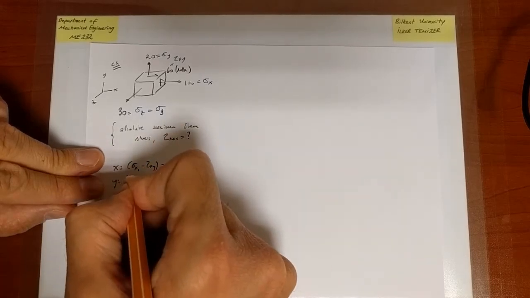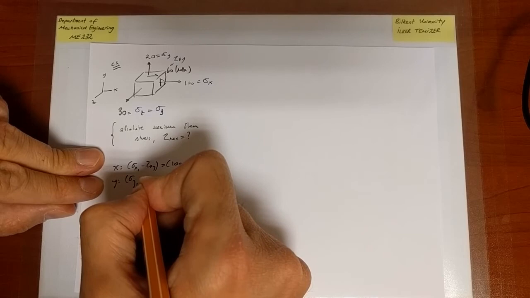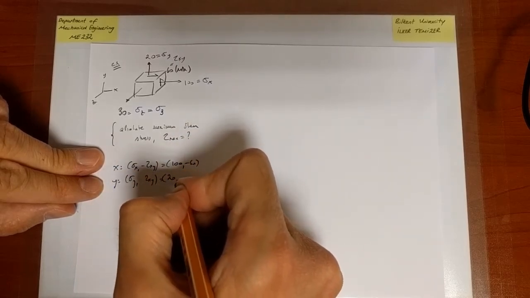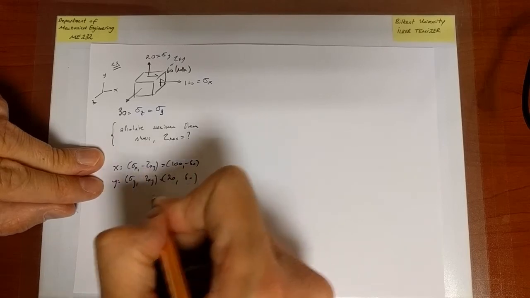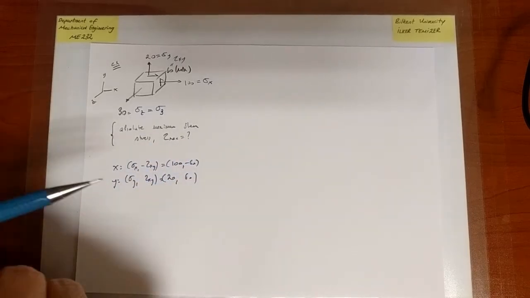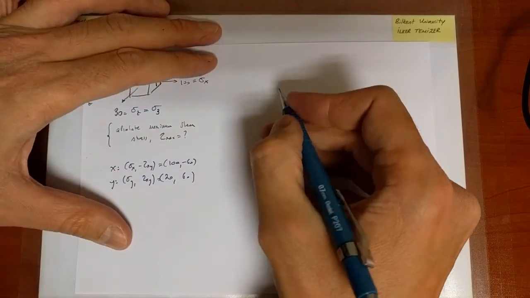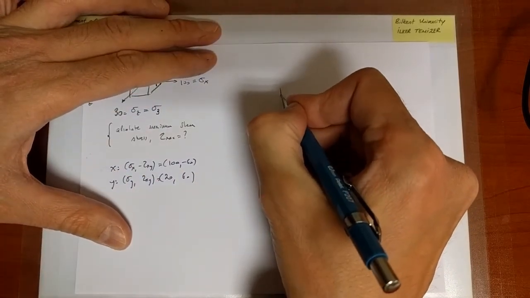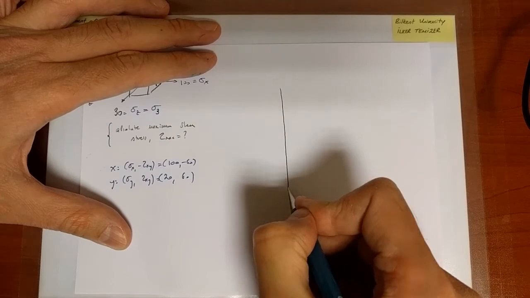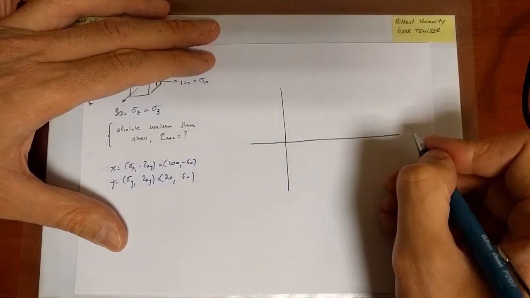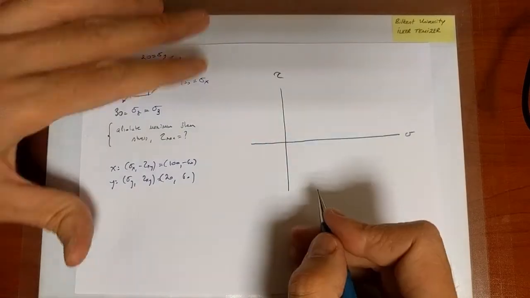There is a y point, which is sigma y, plus tau xy, which is 20, plus 60. And then we will draw the Mohr circle.